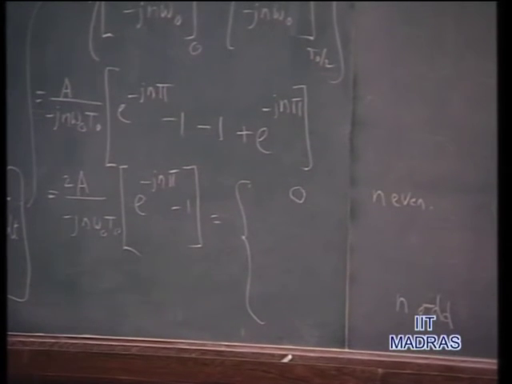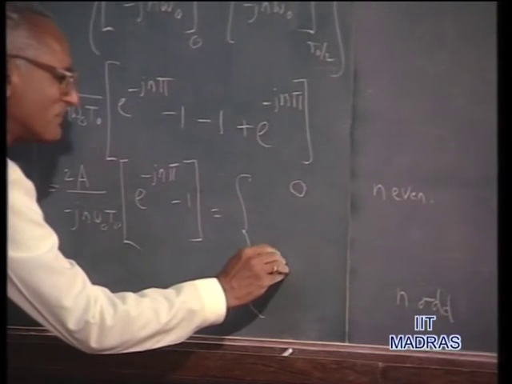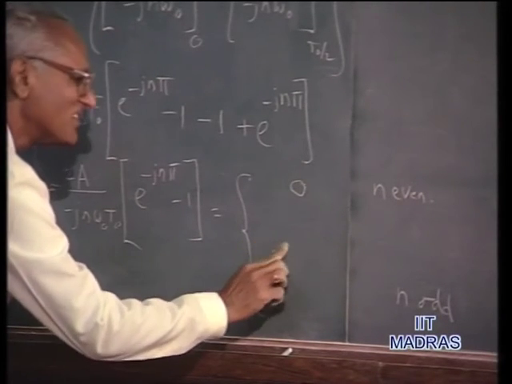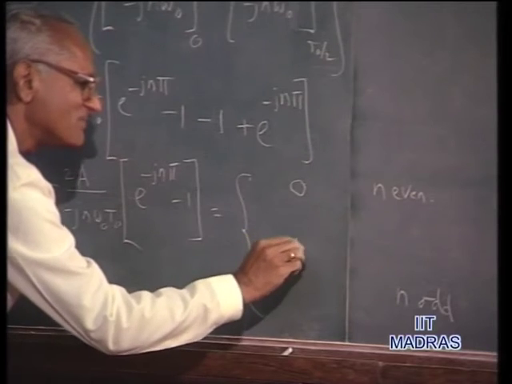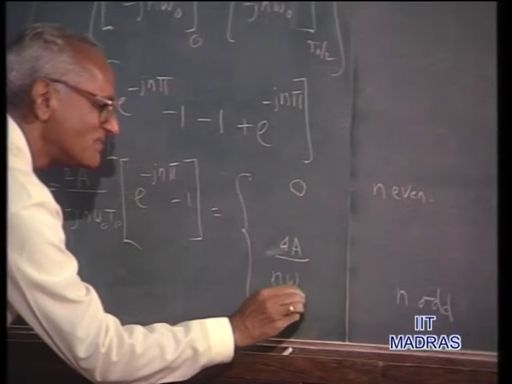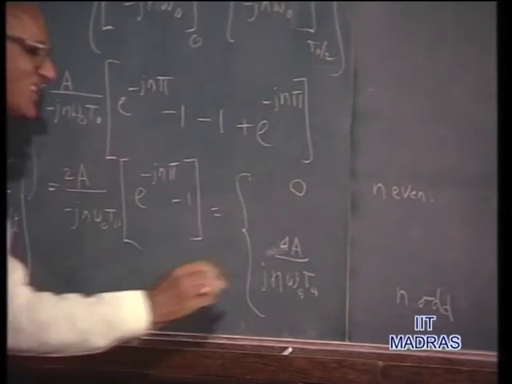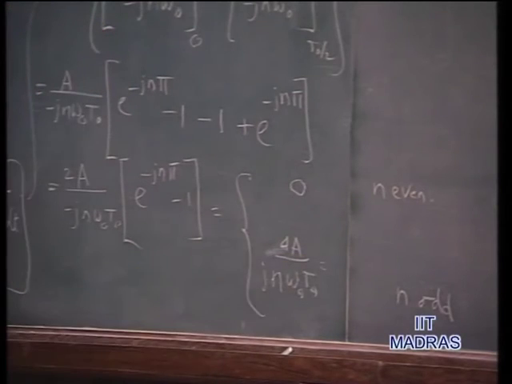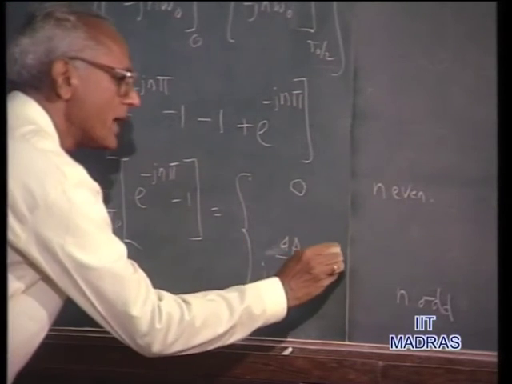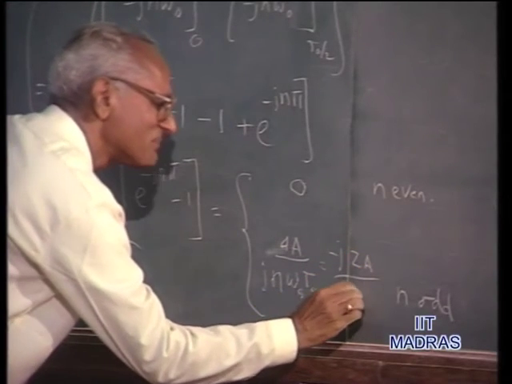So you have minus 2, minus 1, minus 2. Therefore, this j can be taken out, and this will become minus 4a divided by n omega naught t naught, and a j in front, and omega naught t naught is 2 pi. Therefore, this will be minus j 2a by n pi.